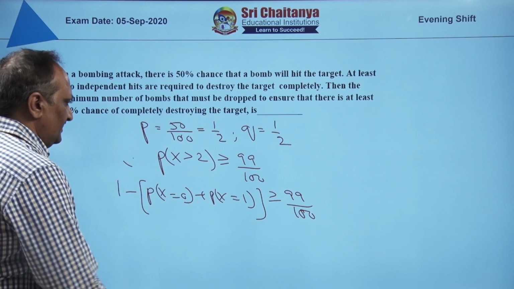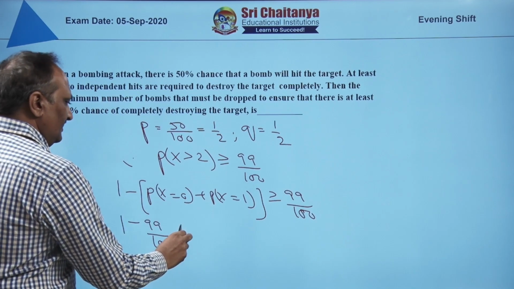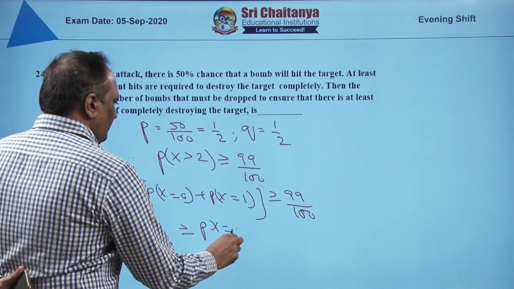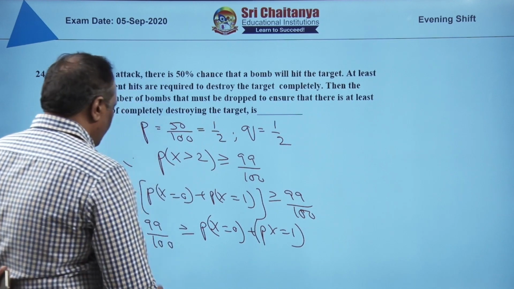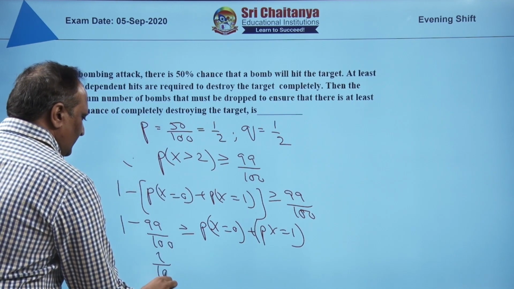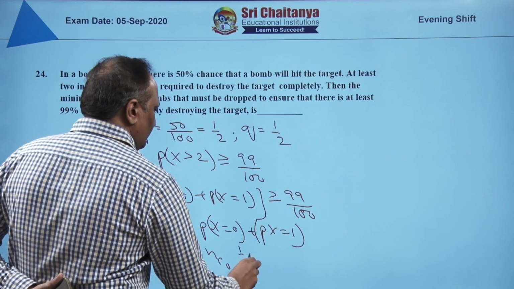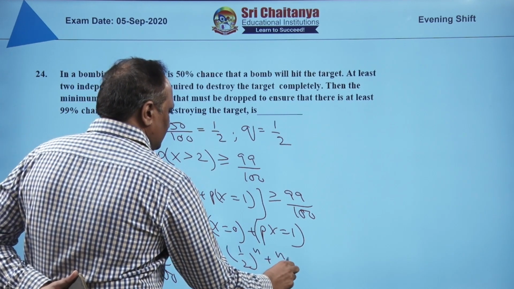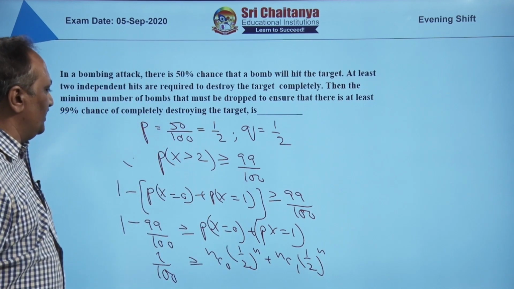We have to simplify this. 1 minus 99 by 100 is greater than or equal to P of x equal to 0 plus P of x equal to 1. And this is nothing but 1 by 100 greater than or equal to nC0 (1 by 2) whole power n plus nC1 into (1 by 2) whole power n. P is 1 by 2, Q is 1 by 2.